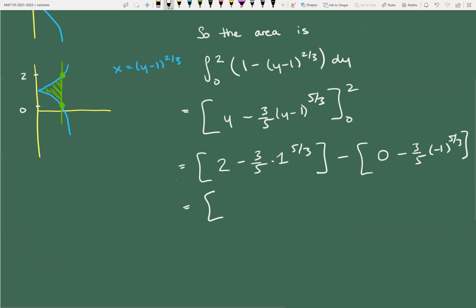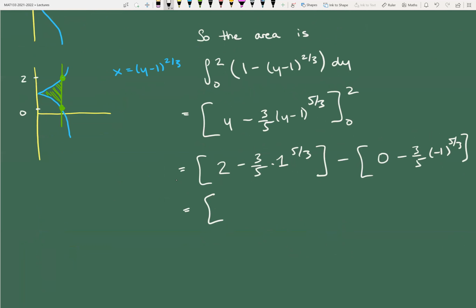So I'm going to get 2 minus 3/5, which is 7/5, I think. And then I'm going to get minus negative, oh, there are so many minus signs. The cube root of negative 1 is negative 1. If I raise it to the 5th, it's still negative 1. So that's negative, negative, negative, so it's just minus 3/5. So that should be 4/5. Was that answer B? Woo!